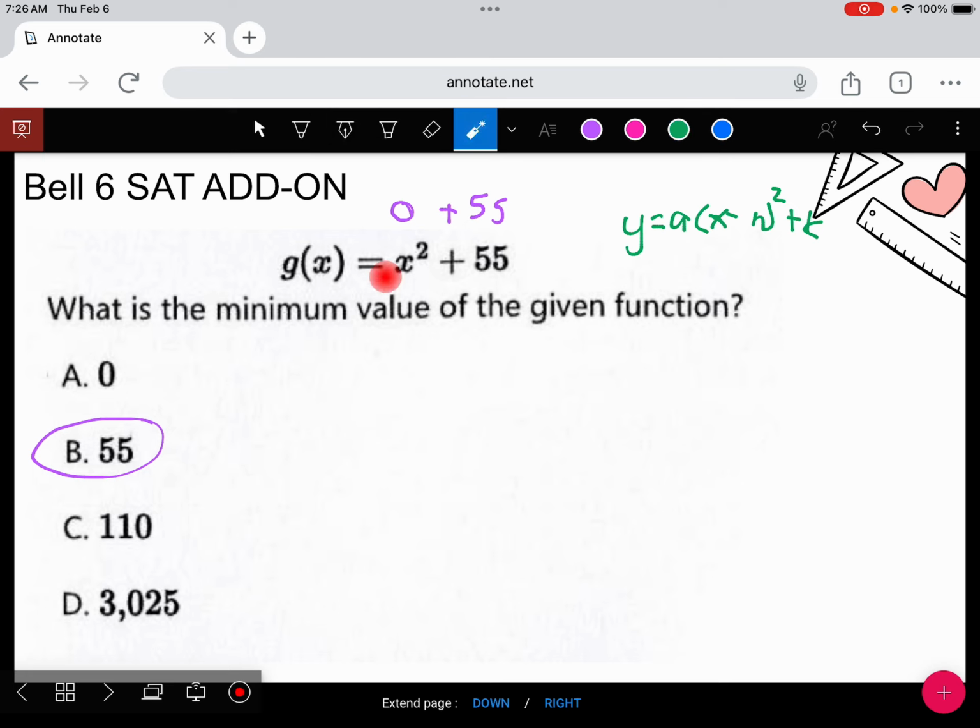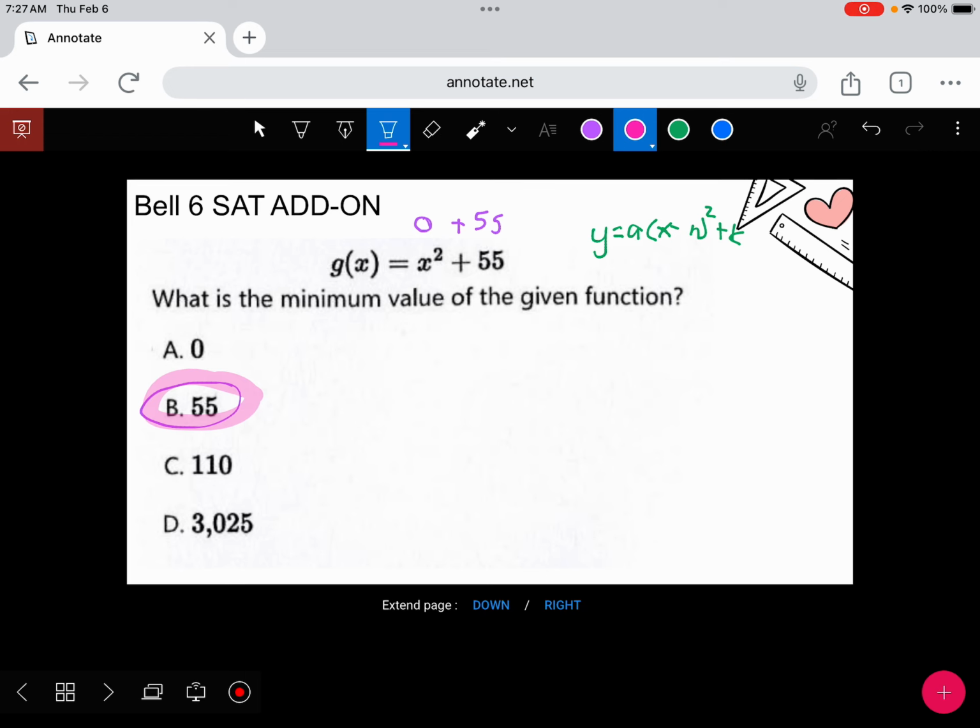Where we have our vertex at 0, 55, which would be our minimum because the vertex is always a minimum or a maximum. But this is 100% a very logical way to go through it because yes, B is our answer on this one. It is the very smallest we can get this thing to equal. So just make sure we're looking at these carefully, give them a gap, all that jazz.